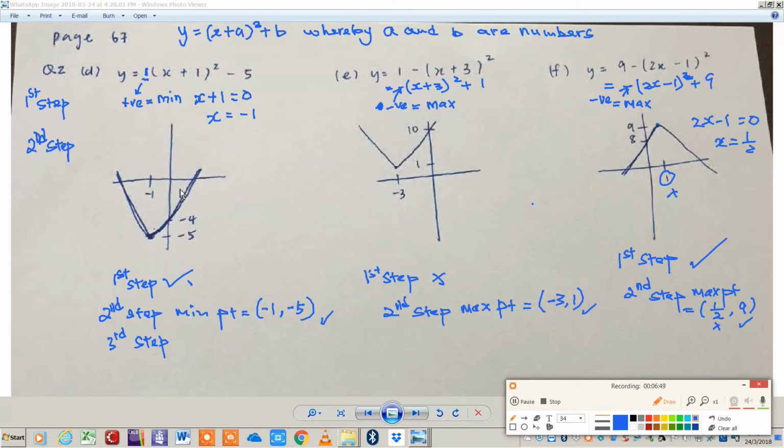For every y-intercept, x equals 0. So your function y equals this whole function. Here your x is equal to 0, so (0 plus 1) squared minus 5. So that gives you minus 4. Okay, that means your y-intercept is minus 4. Okay, you got this correct.